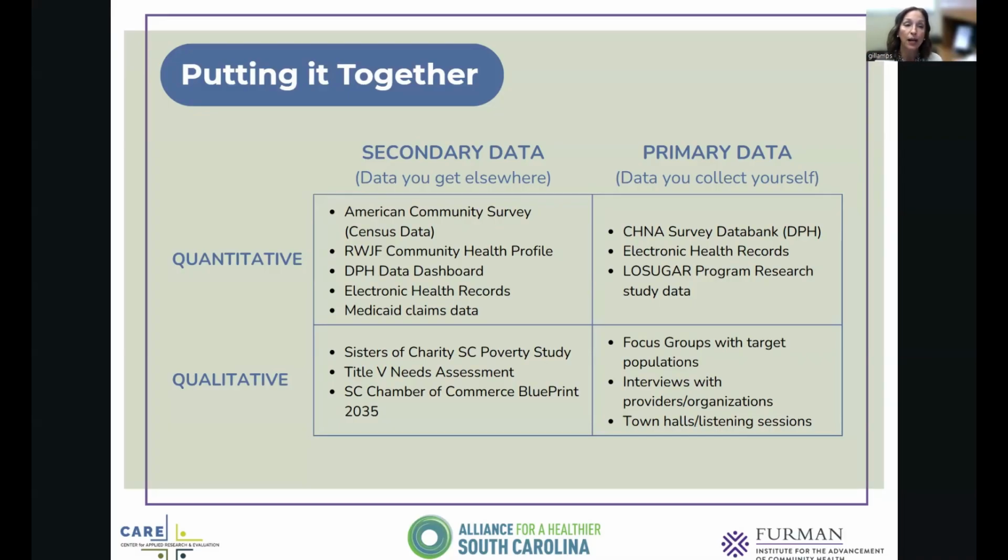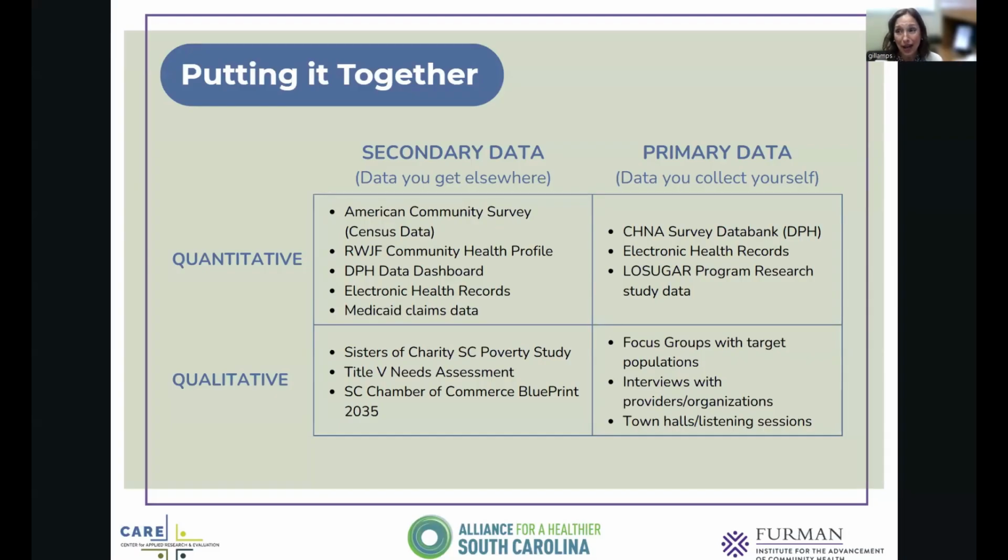And then from a primary data standpoint, meaning data that you would collect yourself, from a quantitative standpoint, many of you conduct surveys. And there is a survey data bank that's been created that is right now available, and you can access it through the Alliance for a Healthier South Carolina.